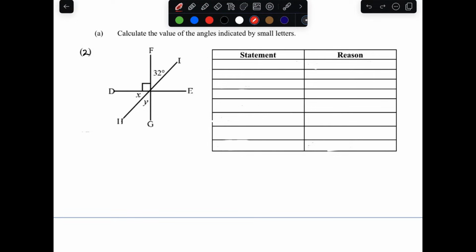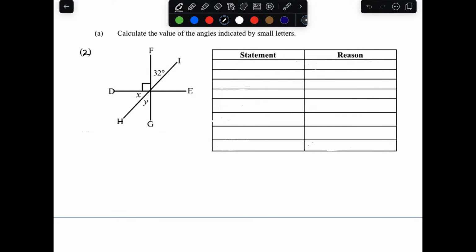We are looking for the angles, this angle x and angle y. Here, guys, we can see we have the line DE and the line GH and the line AFG and the line HI, right?